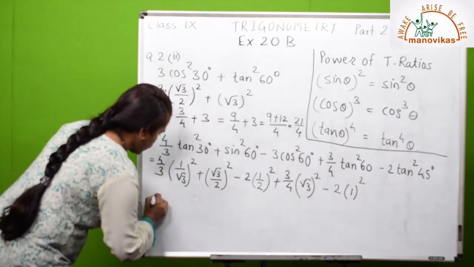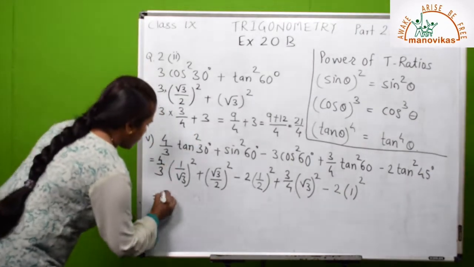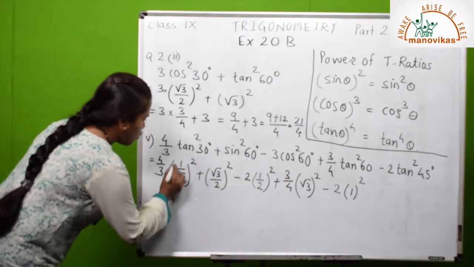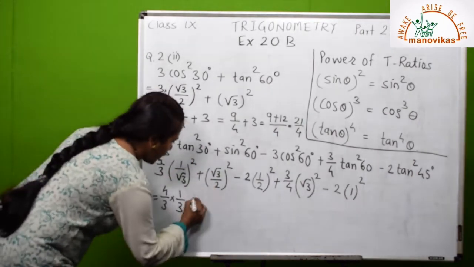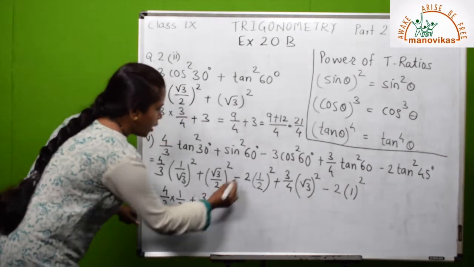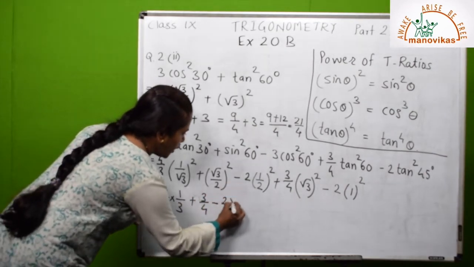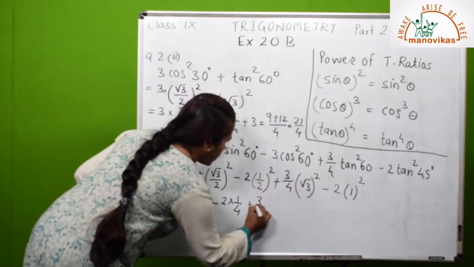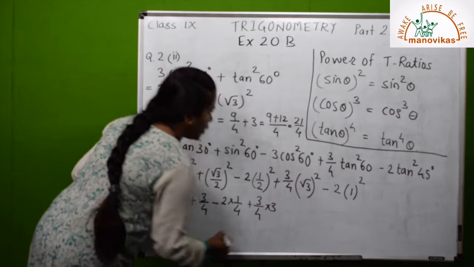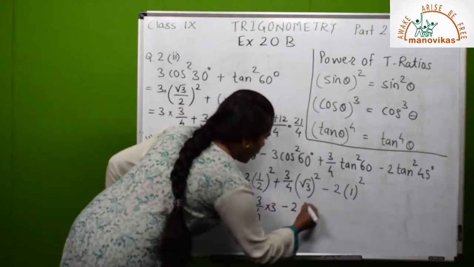Again simplify this. 4 by 3 into 1 upon root 3 square is 1 upon 3. Root 3 by 2 square is 3 by 4. Here minus 2 into 1 by 4, plus 3 by 4 into 3, minus 2 into 1 square is 2.